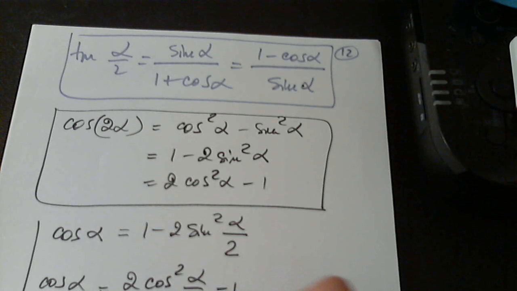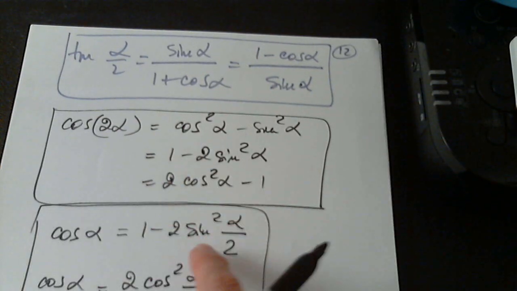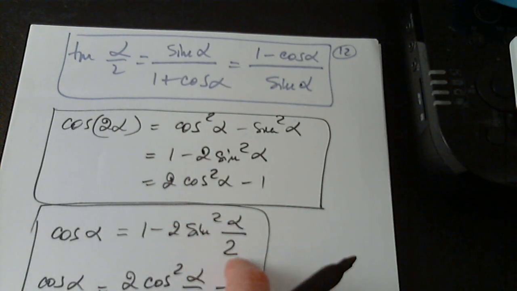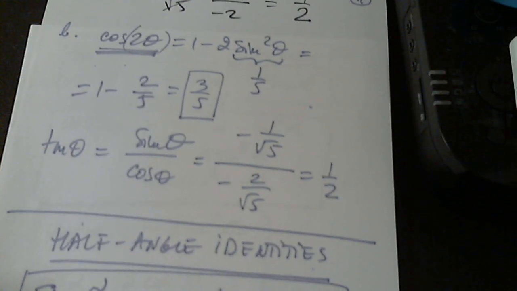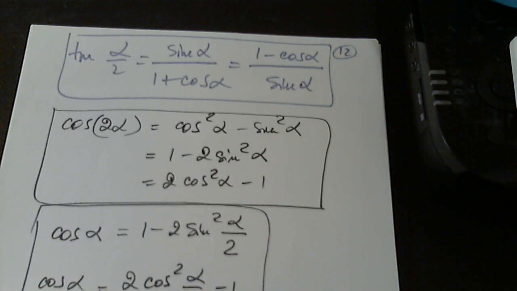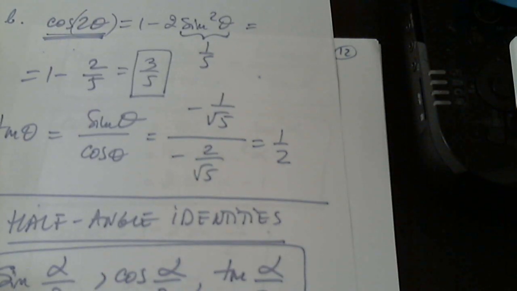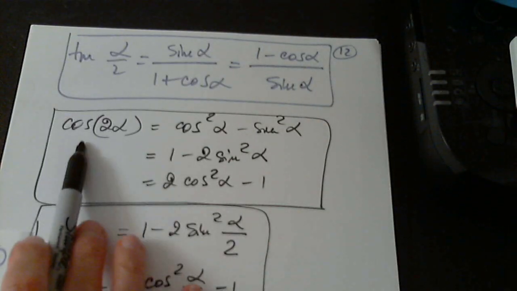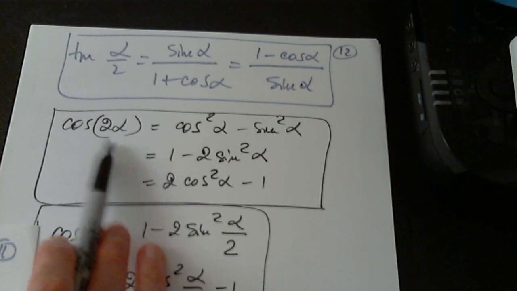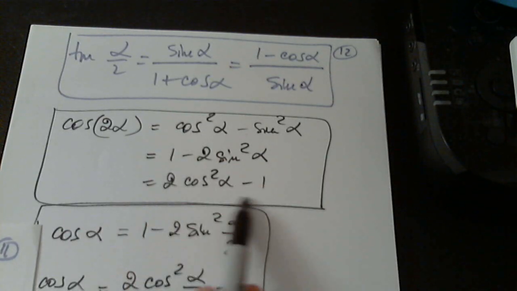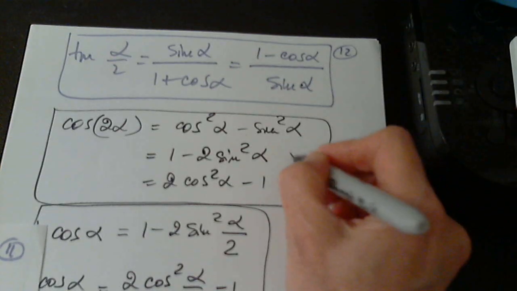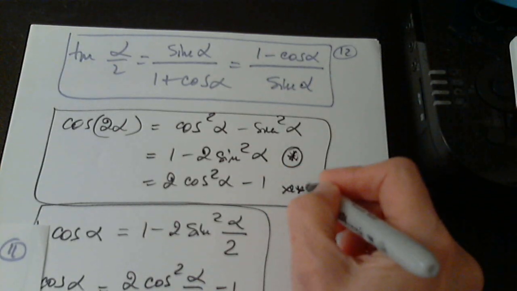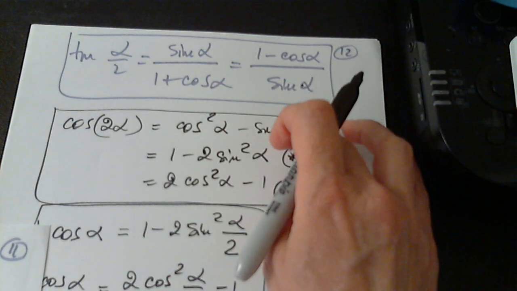From these two identities, we will solve for sine alpha over 2, to get the identity for sine alpha over 2. And then I'm going to solve for cosine alpha over 2, to get the identity for cosine alpha over 2. Where did this come from again? From cosine twice alpha. I wrote the 3 identities, and I'm only interested in these two.